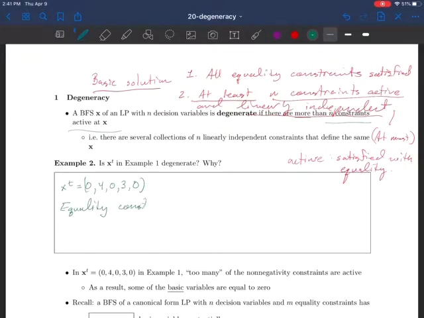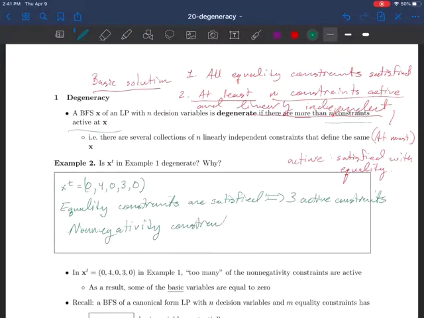Let's count how many active constraints there are. So the equality constraints are satisfied. There are 3 of them. So that means 3 active constraints. Remember, satisfied equality constraints are the same as an active constraint. And then the non-negativity.